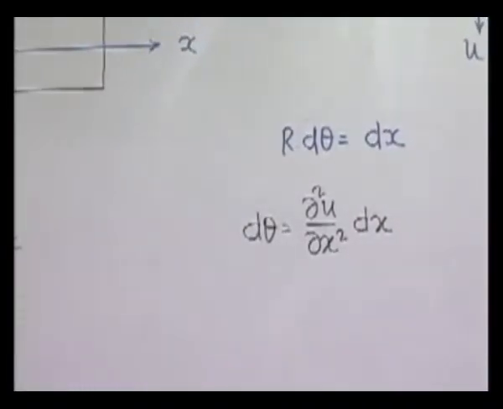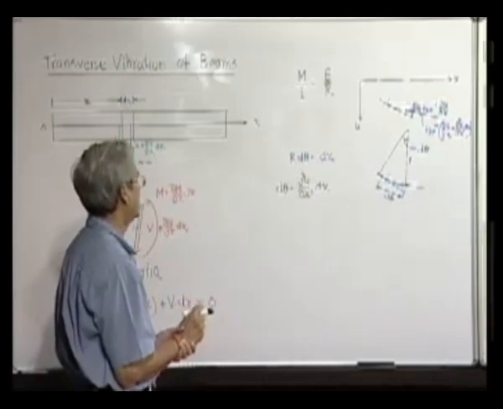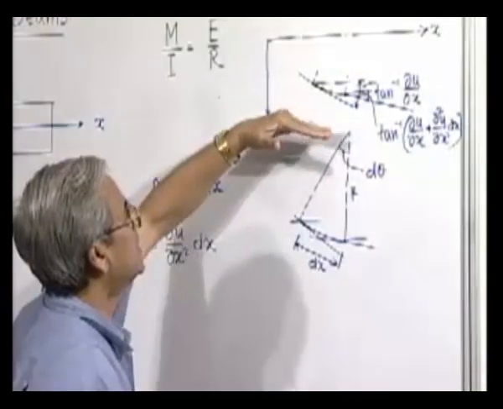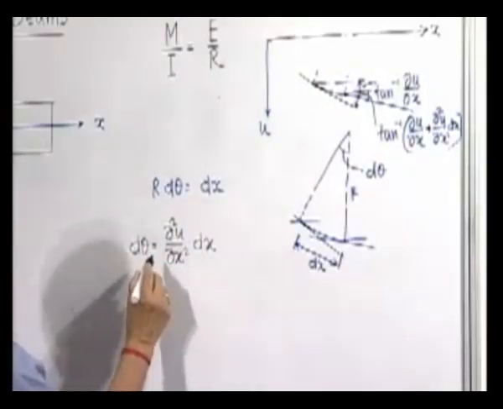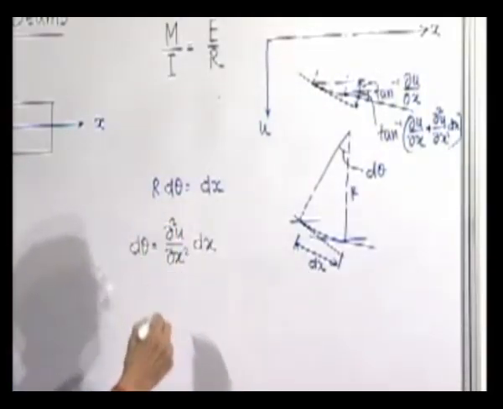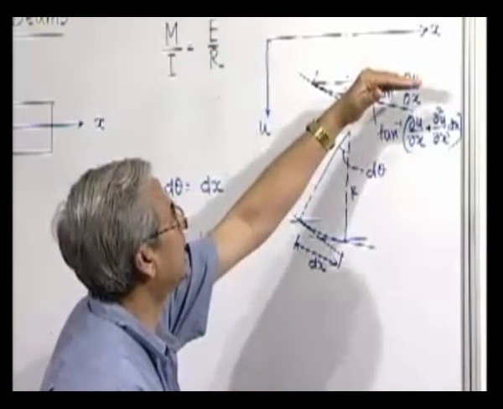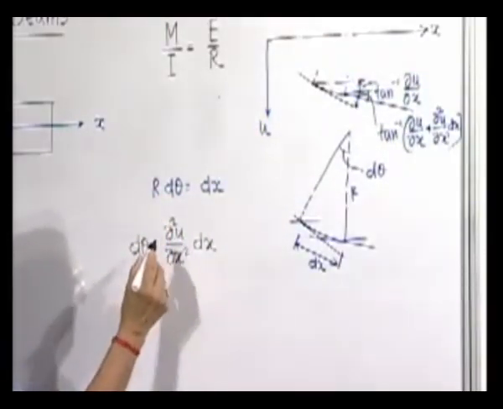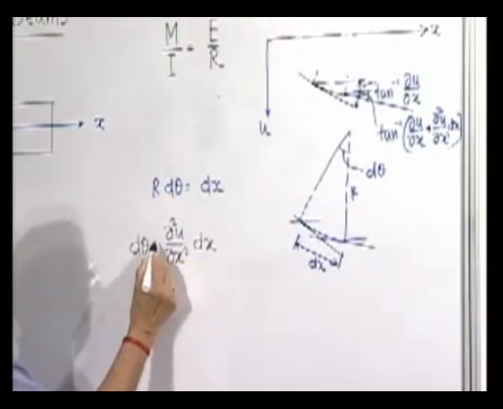The only thing we have to keep in mind is that as x is increasing, slope is decreasing. So this is definitely a negative quantity, because with increasing x, ∂u/∂x decreases. Therefore ∂²u/∂x² must be a negative quantity.